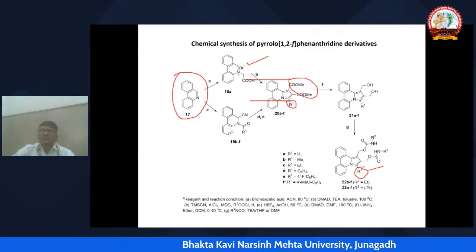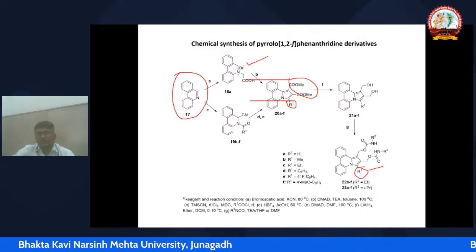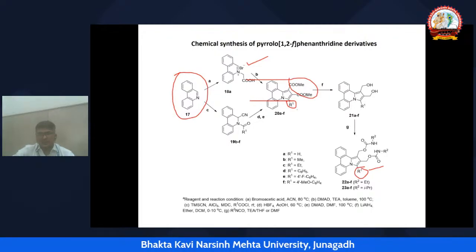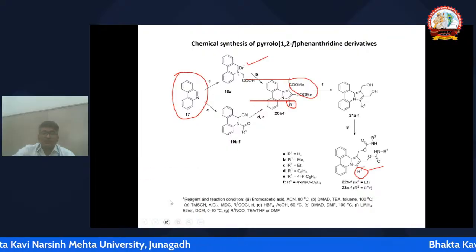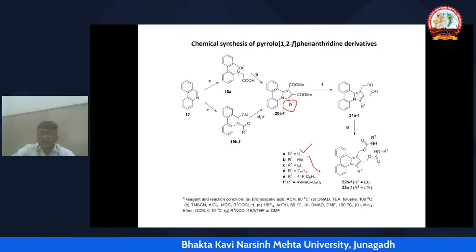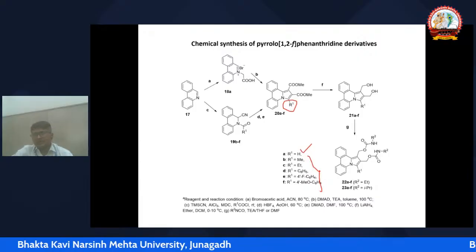Through this, compound 9B2F reacts with the HBF4 salt, and in situ it reacts with DMAD in DMF at 100 degrees, and it produces a diester. So now we get a diester with hydrogen as well as other substitutions, meaning the substitution is alkyl as well as benzyl.